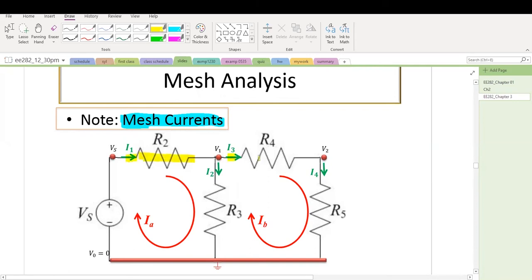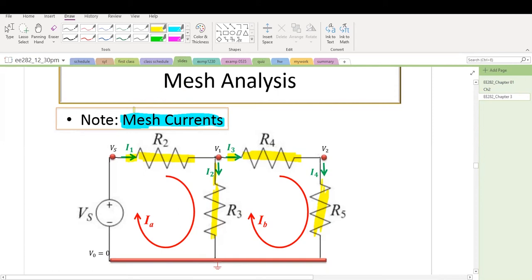This is I3, flowing through this branch. And I4 flows through this branch. And I2, most importantly, is the current flowing through this branch. So a branch current is defined with respect to a branch.